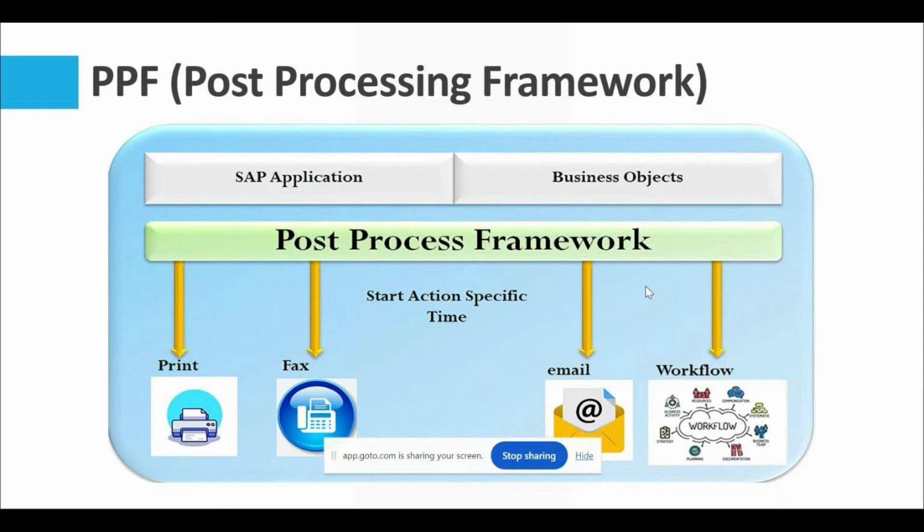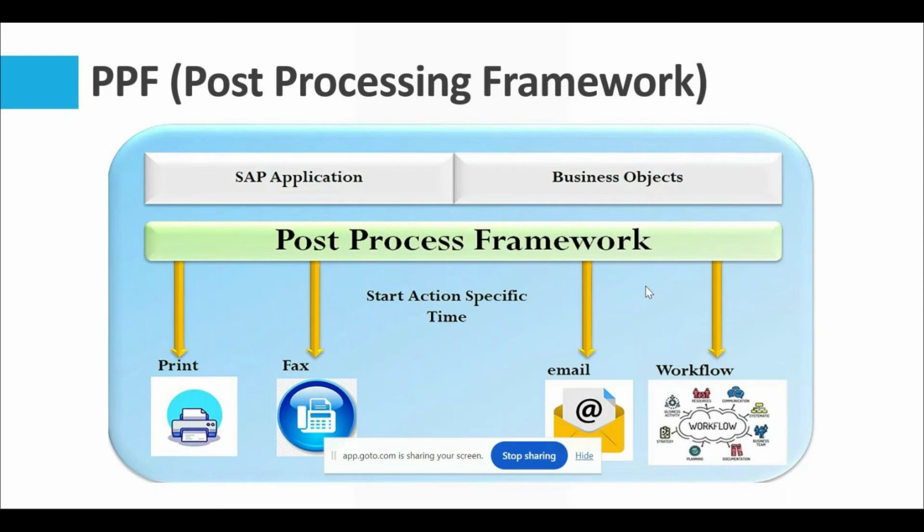The only difference between NACE and PPF is, first of all, PPF has a structure called the action definition and action profile. In the action definition, you will have specific actions where you can assign an Adobe form or a smart form, print it, or email it.